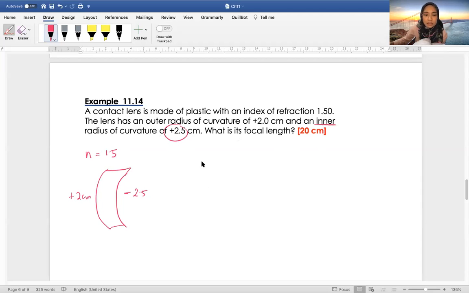What is the focal length? 1 over F, n minus 1, 1 over 2 plus 1 over minus 2.5. So n is 1.5. So solving for this, I calculated it already. Ini 11.14 kita tak. Okay, so the answer is 20 centimeter. Okay, sama.